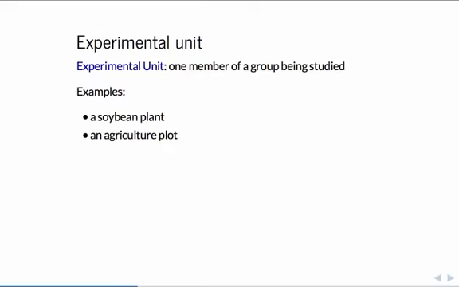Alternatively, our study might be designed to look at an agricultural plot, which maybe has many soybean plants, but the experimental unit under consideration is the whole plot itself. Another example that comes up commonly in animal studies is the experimental unit being a pen of a number of pigs. Alright, so that's the idea of the experimental unit. That is, it's one member of some group, some population that's being studied.